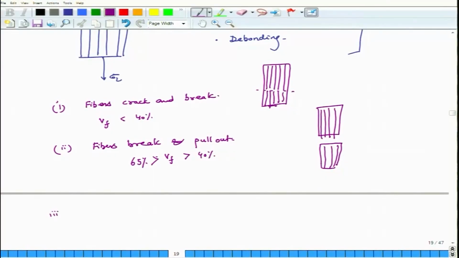And the third situation happens when fibers break, and these are all brittle fibers, and then either you have debonding and separation or delamination.